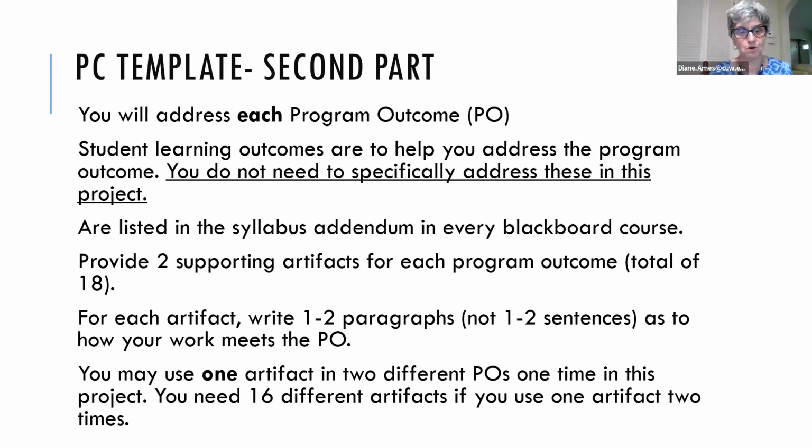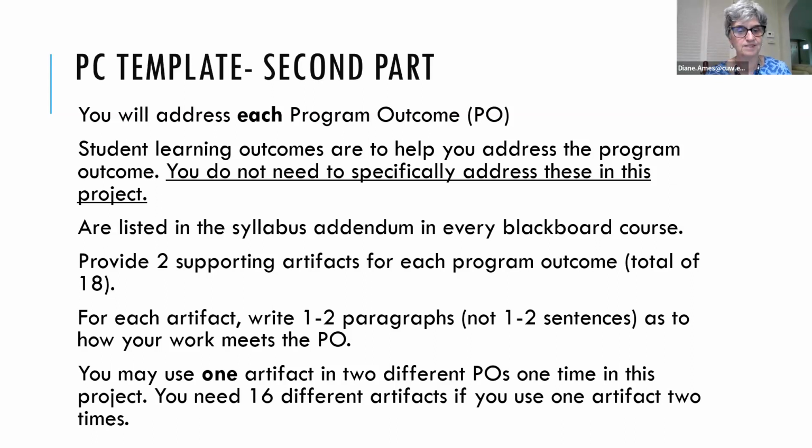So I can use that PICOT final paper for program outcome number 1, but I can use that one again in program outcome 3. Okay, so you get one like that.